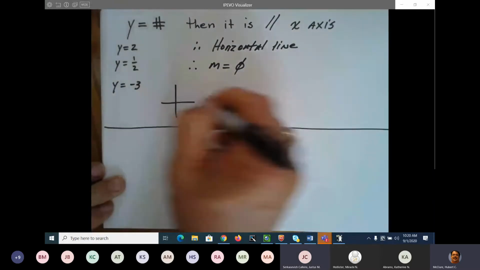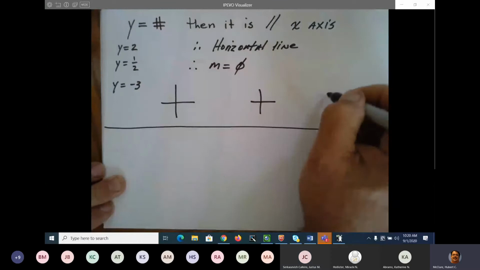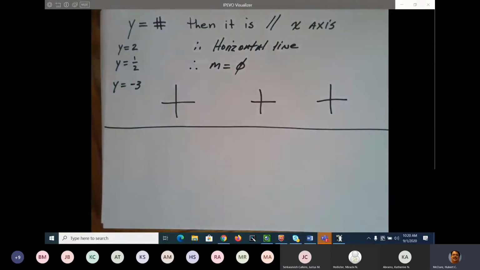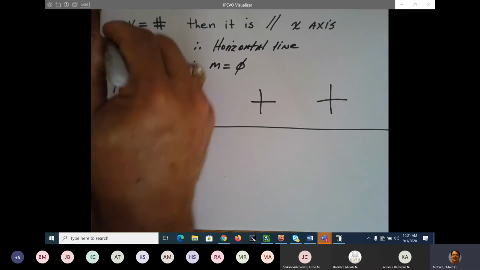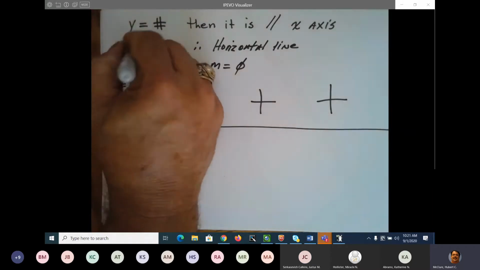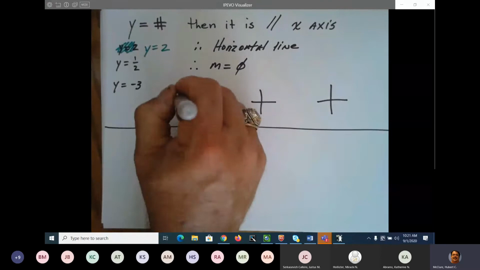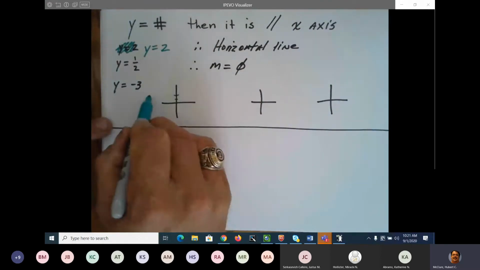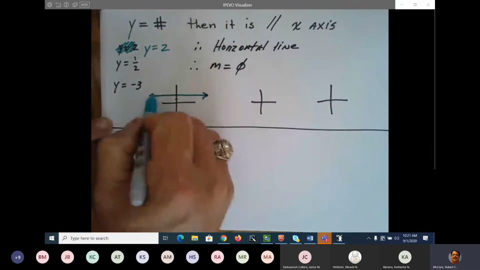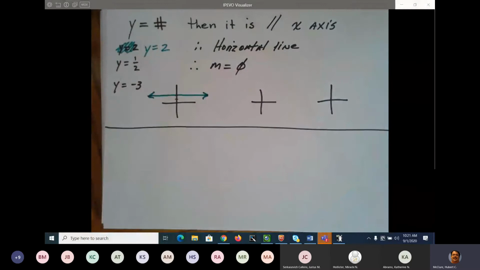So y is equal to 2. We'll color that turquoise. Y is equal to 2, so that means 1, 2, and the line looks like that. Things I do for y'all.